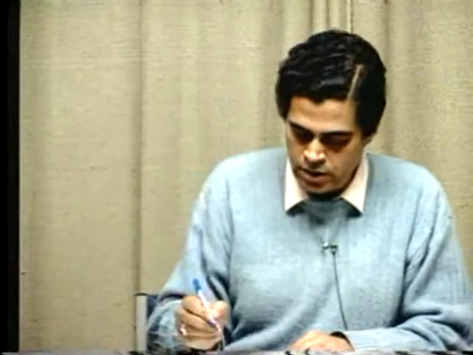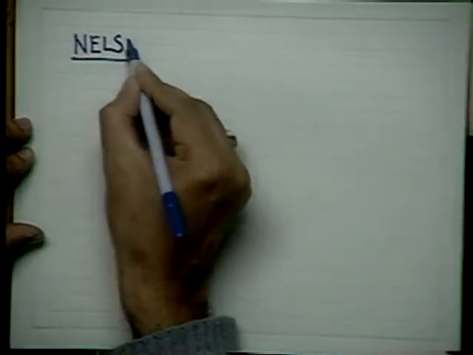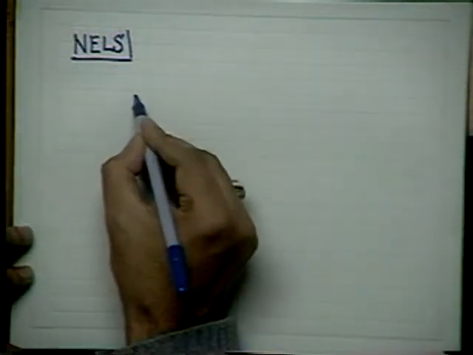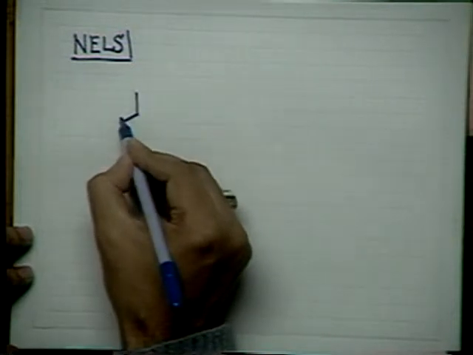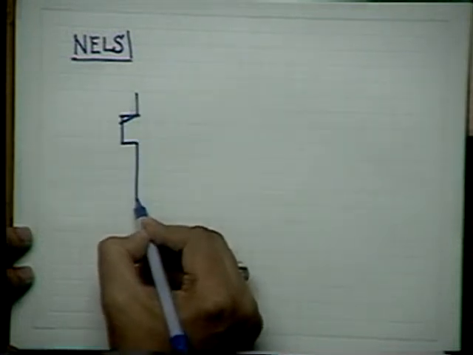So after this very brief introduction of the basic MOSFET, let us see how we can analyze the MOS inverter. Let us start with NELS configuration. Our discussions will be all centered around N channel because that is most popular because of obvious reasons. So NELS means the load is in saturation. So our MOS inverter configuration will be like this.